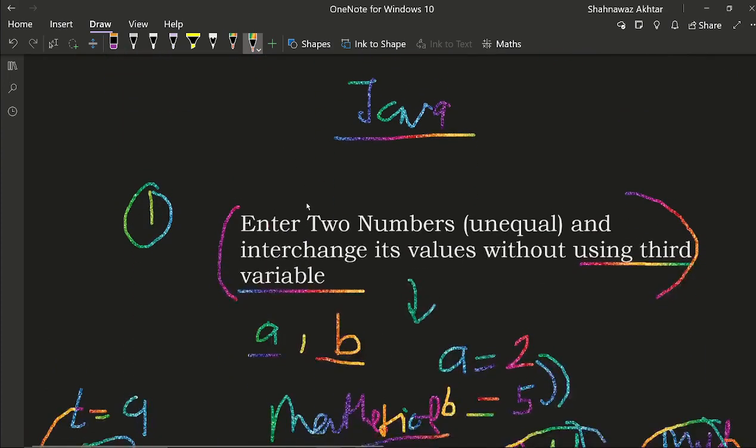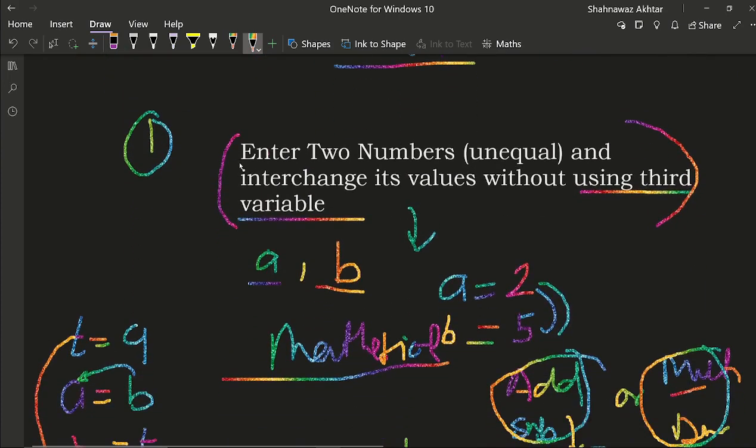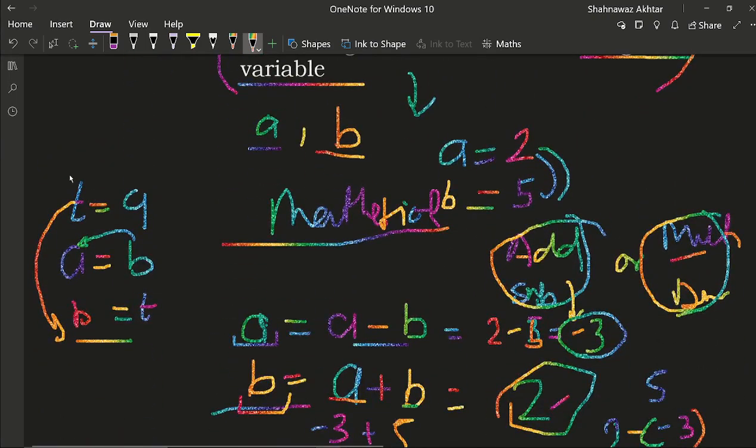In the first question, it was given that you have to enter two numbers which are unequal and interchange their values without using a third variable. So how had we done that? Suppose I have to use a third variable. I have chosen the third variable t, a temporary variable, and assigned a to it.